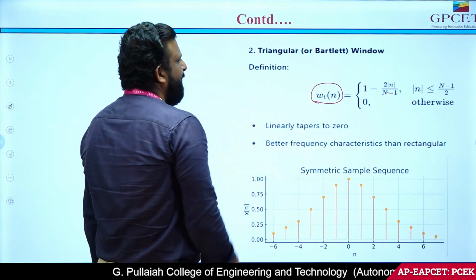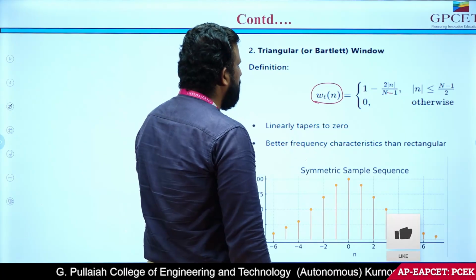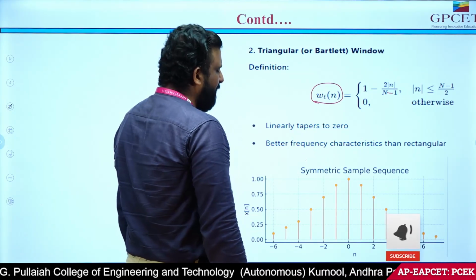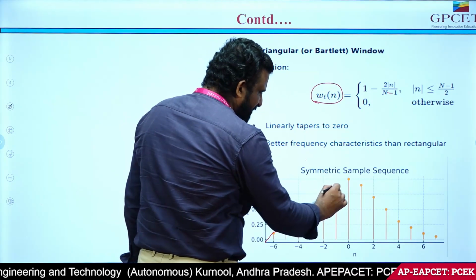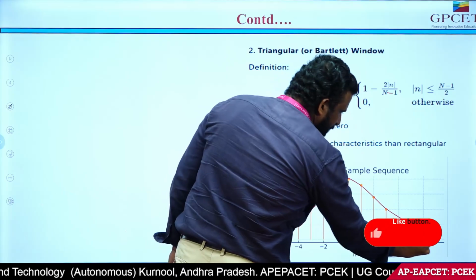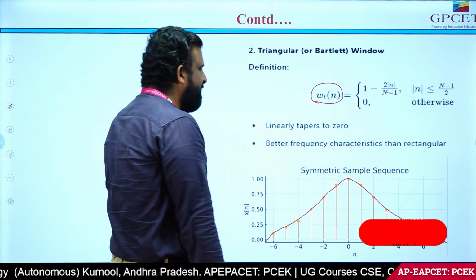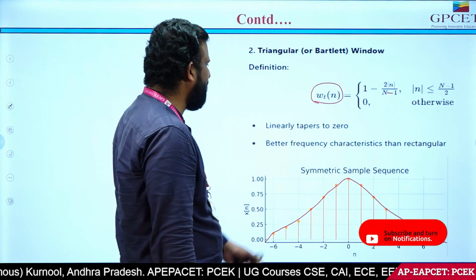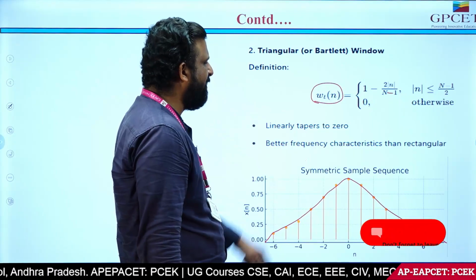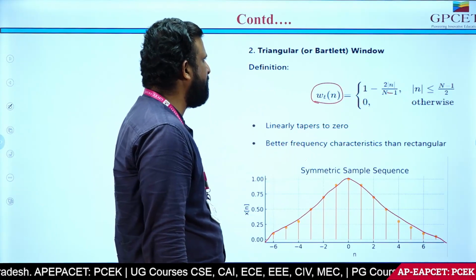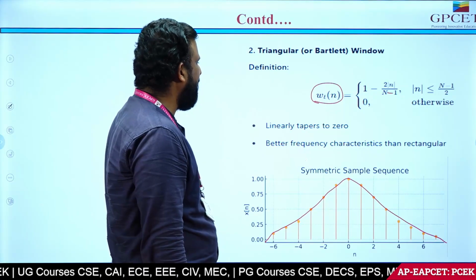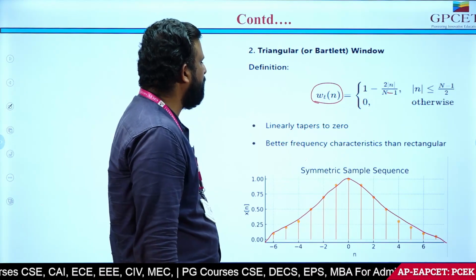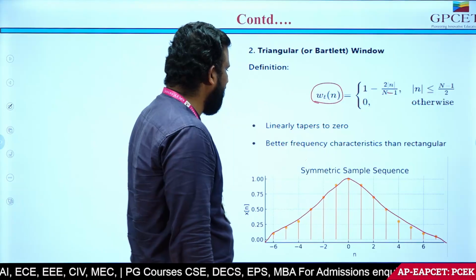So this is the condition for the triangular window, or else we can call it the Bartlett window. See here the triangle representation. You can see it is in the form of a triangular shape. And very important, it linearly tapers to 0, with better frequency characteristics when compared with the rectangular window, which we have seen in the previous slide. It is also one of the techniques used for the design of linear phase FIR filters.